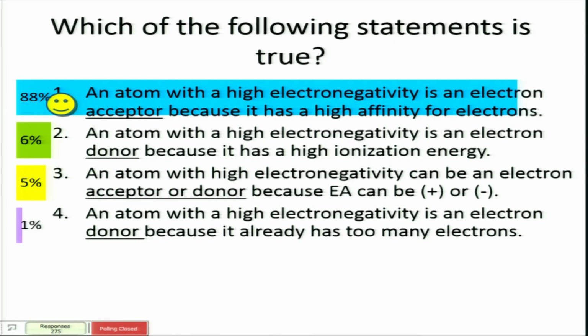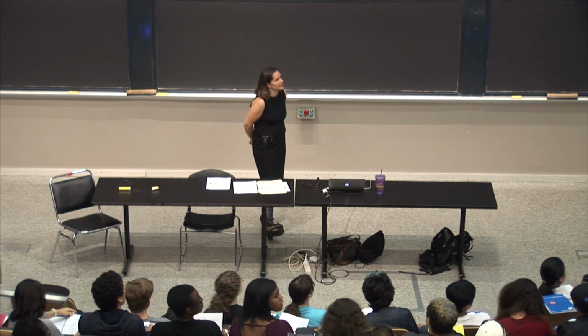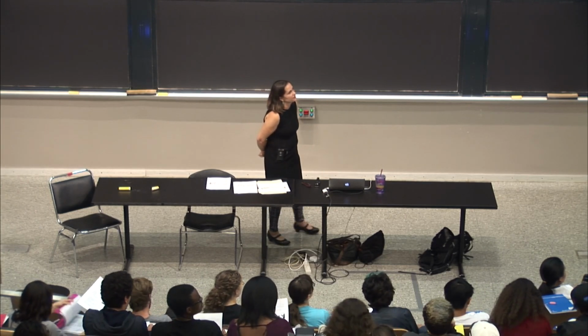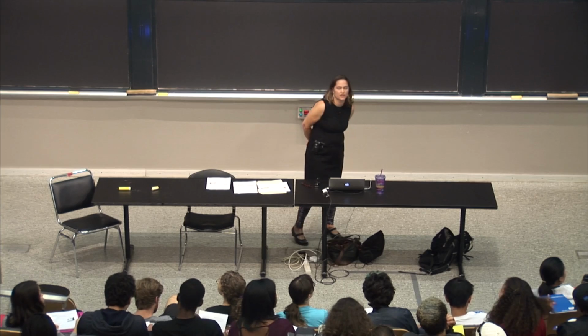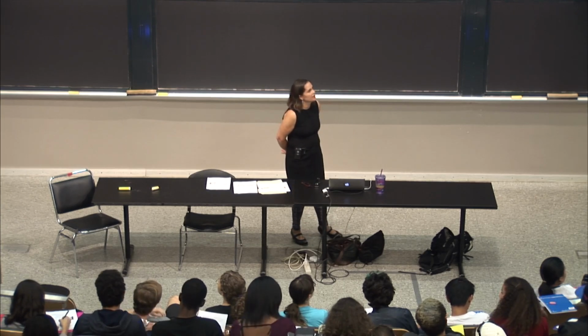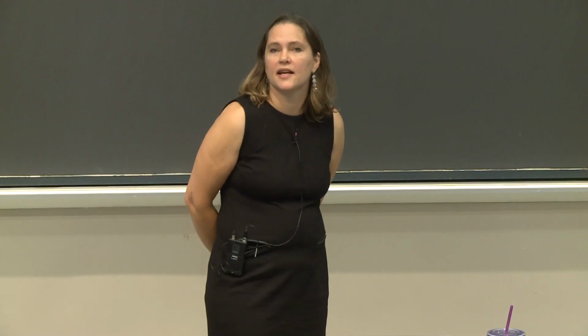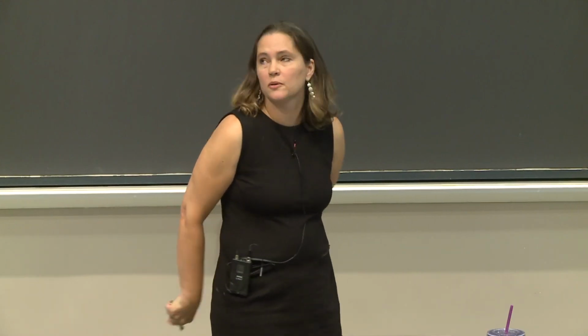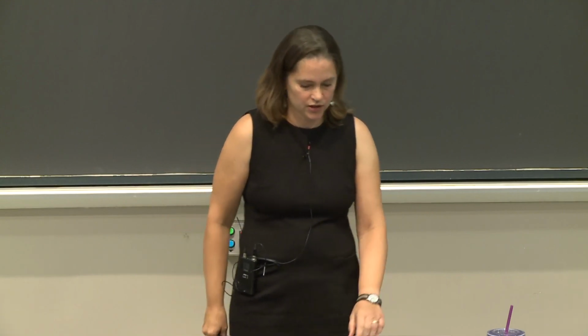So yes, if it has high electronegativity, it's going to be an electron acceptor. And part of the reason for that is that it has a high affinity for electrons. And another part of the reason for that is that if you look at the equation, something that has a high ionization energy is not going to be a good donor. So that wouldn't make sense. So having high values in both categories is consistent then with this trend.